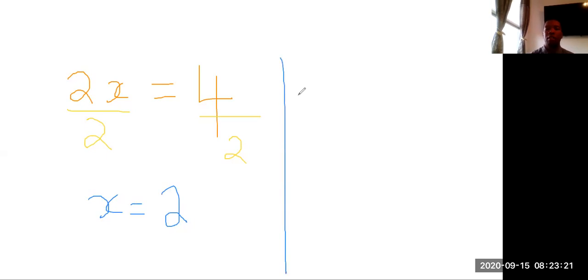Let's do another example. Negative 3z is equal to 12.